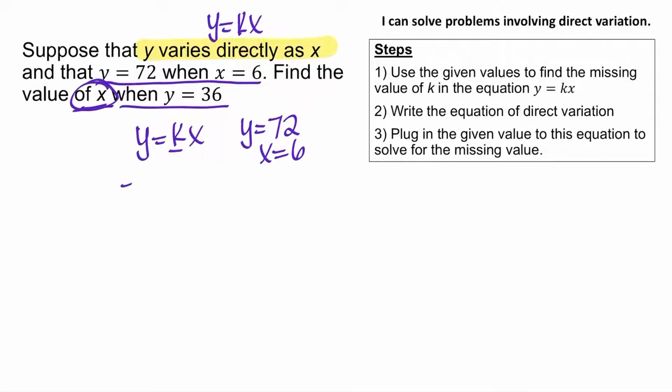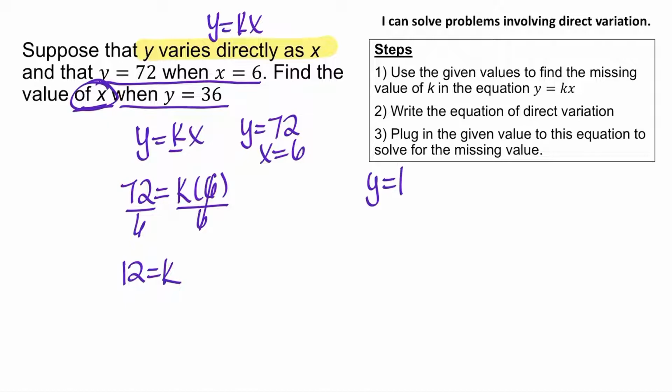If I plug in, I get 72 equals k times 6. I can solve this equation by dividing both sides by 6, and I get 72 divided by 6, which is 12, so 12 equals k. Now I can use this to write the equation y equals 12x.